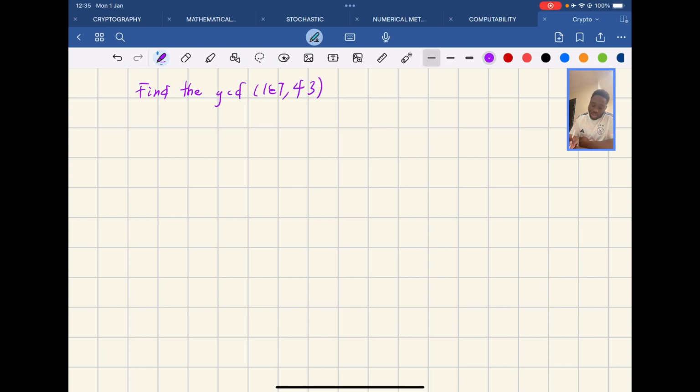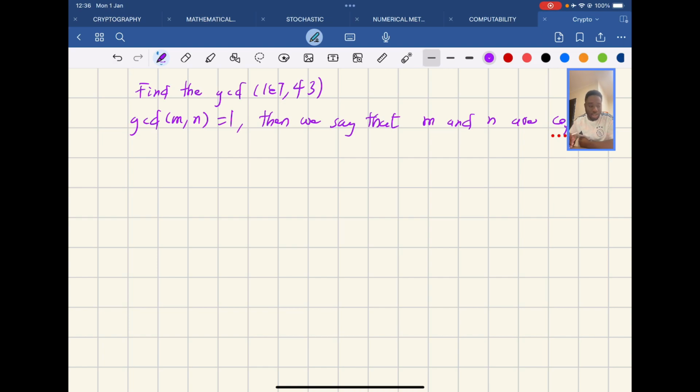You also have to note that if the GCD of m and n is equal to 1, then we say that m and n are co-prime. So whenever you find the GCD of m and n, or any two values, and their answer is 1, then it means that the two numbers are co-prime to each other.